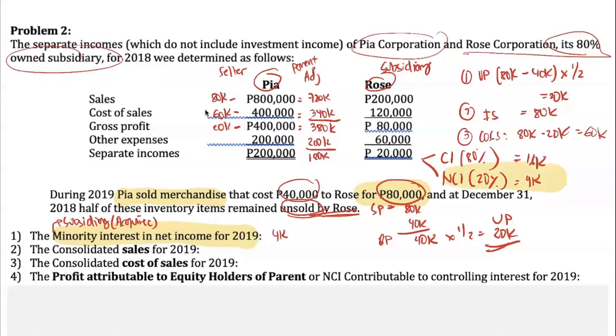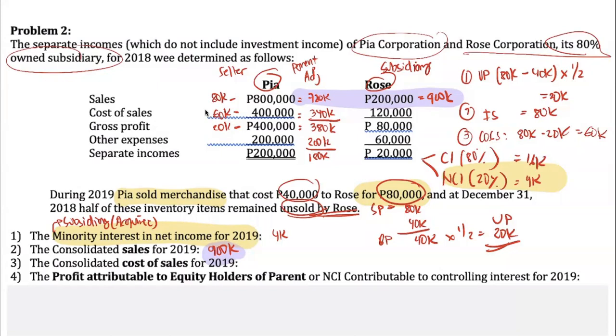Consolidated sales, okay, combine the sales. 720 plus 200, 900,000. So how much is our consolidated sales? Our consolidated sales is 900,000. Next, consolidated cost of sales.